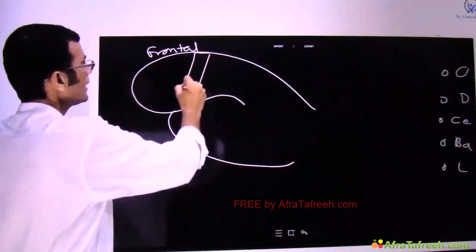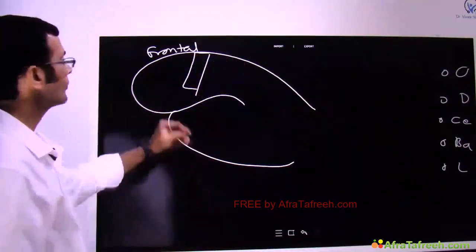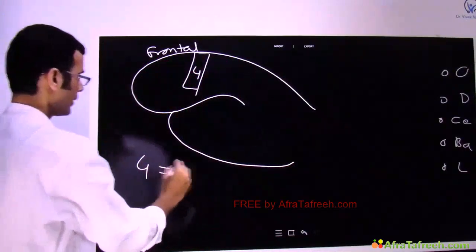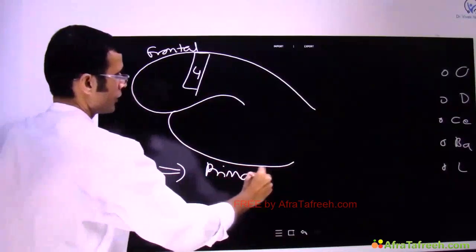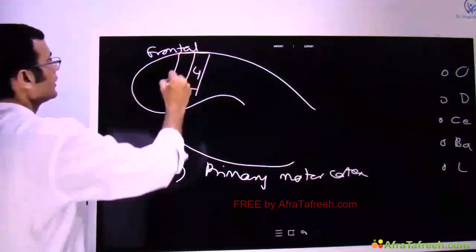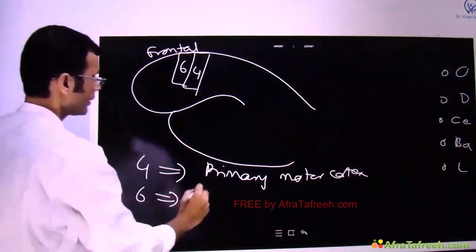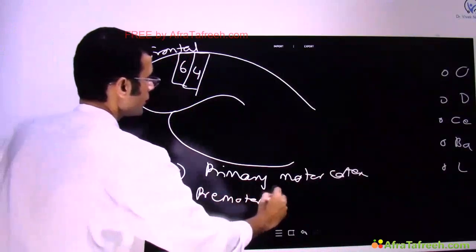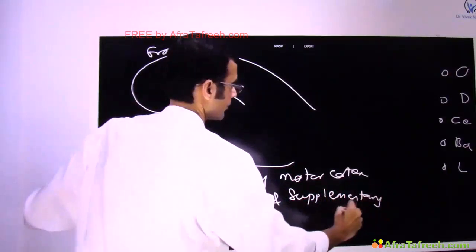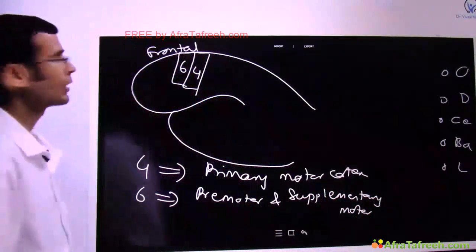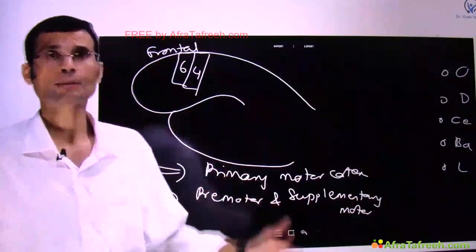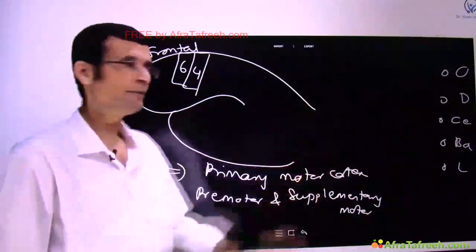Now, immediately in front of the central sulcus, that's precentral gyrus, area 4 is called as primary motor cortex, and then area 6 is called as premotor and supplementary motor areas. That's area 6. These are the two main areas which are concerned with the voluntary movement. So we are mainly concerned with these areas.